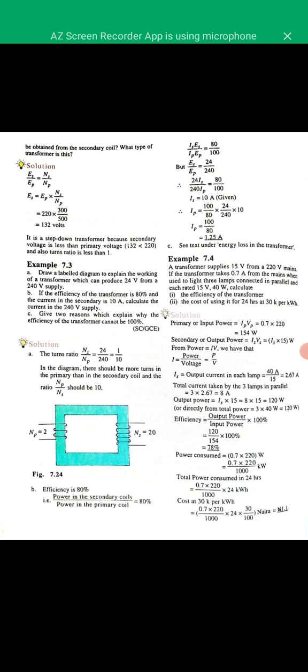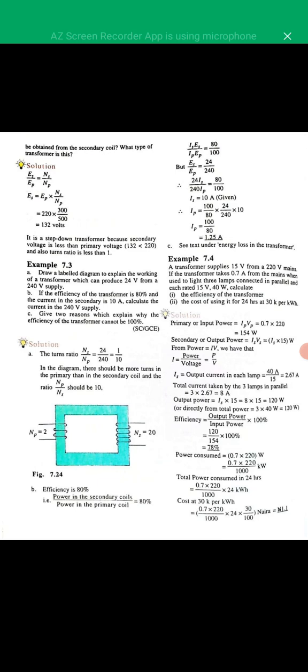So it says in the diagram, there should be more turns in the primary than the secondary coil, because the question is, we should explain the working of a transformer which can produce 24 volts from a 240 volt supply. That means the primary is 240 and the secondary is 24.